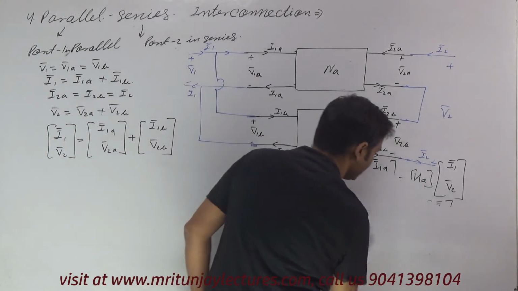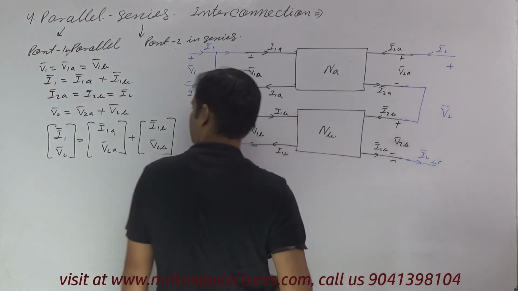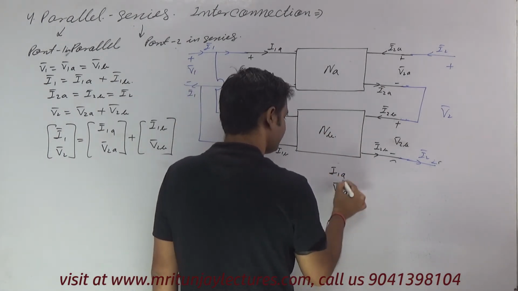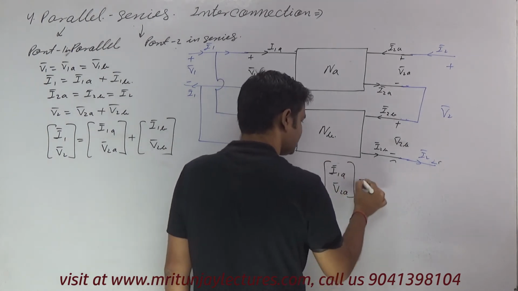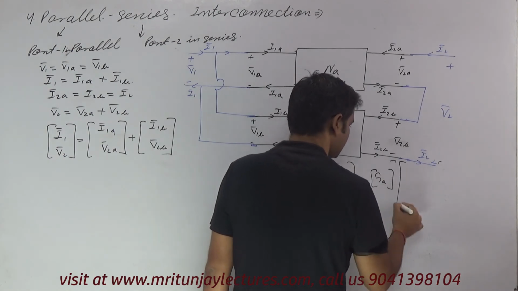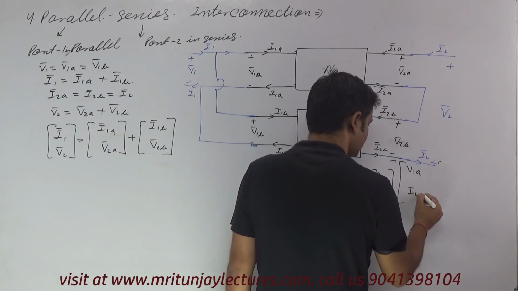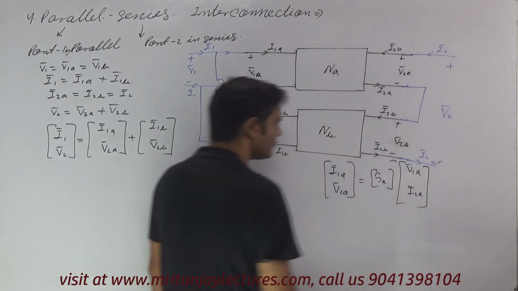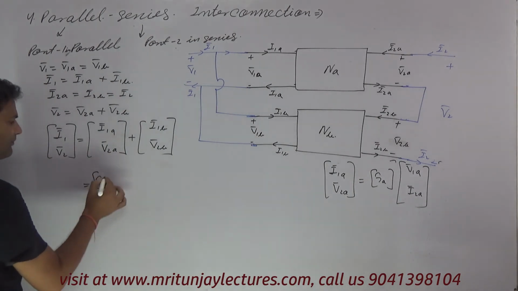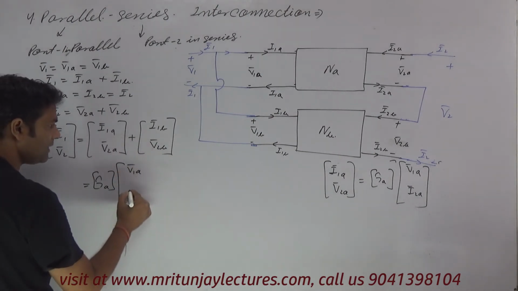Now after that you can say that I1A and V2A, this one is written as GA, and here corresponding to V1A and I2A. Okay, so this one is written as GA, and here V1A and I2A.